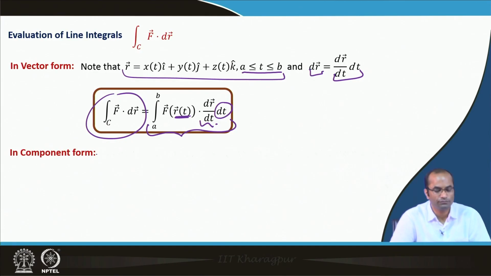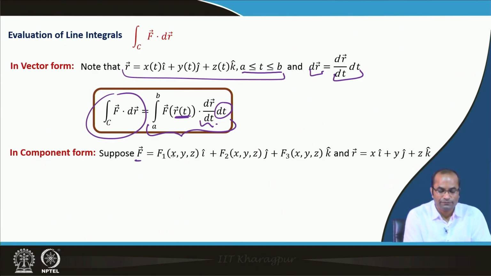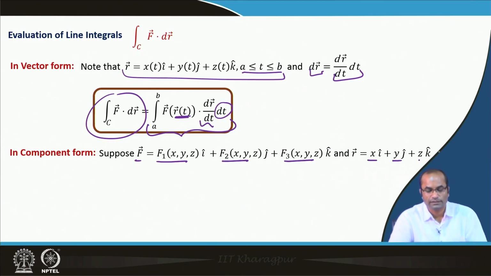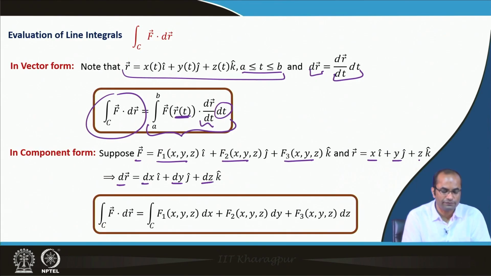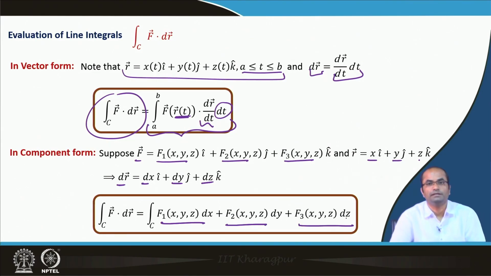In component form, suppose f has three components f 1, f 2, f 3, and naturally r is x y z. So dr will be dx dy dz, and in that case f dot dr can be evaluated. This product will be f 1 dx plus f 2 dy plus f 3 dz.